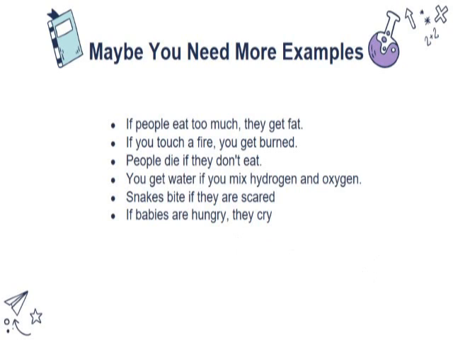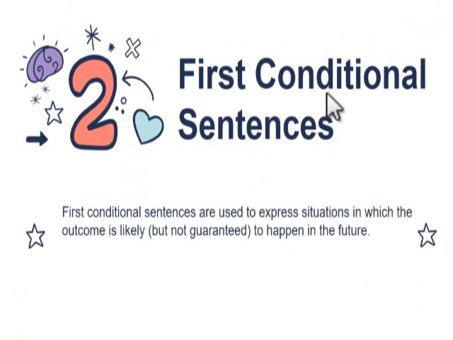Next, we go to first conditional sentences. What is it? First conditional sentences are used to express situations in which the outcome is likely but not guaranteed to happen in the future. Okay, please pay attention to the definition.